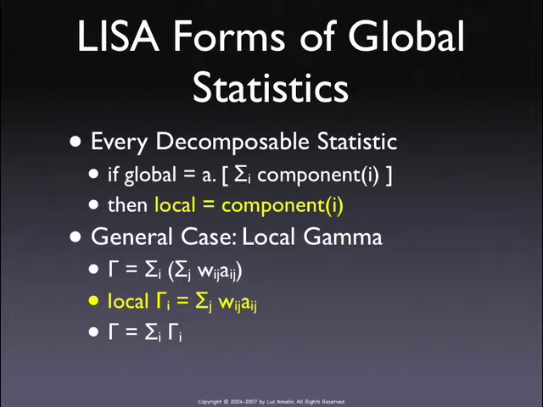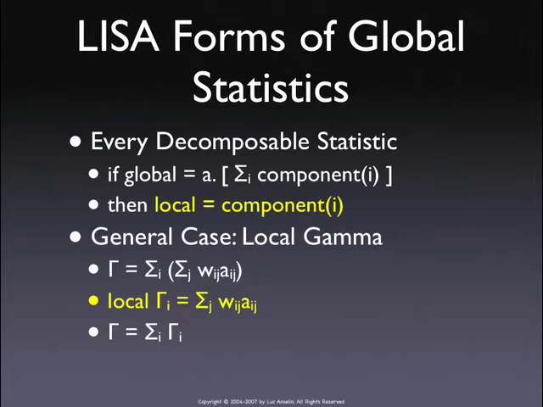So in each location i, we compute the average of the neighbors, using a_ij as the measure of similarity. For each of these i's, we have a value, and we add them all up. By construction, there's no magic here. This is just how it's done. By construction, the sum of all of these over the individual locations i is the global gamma.